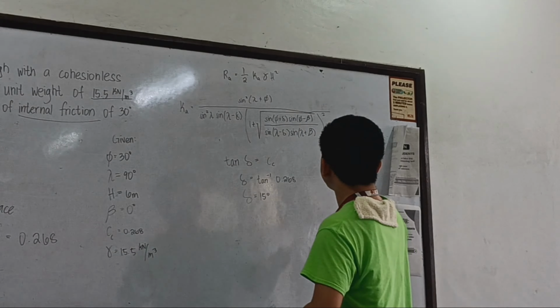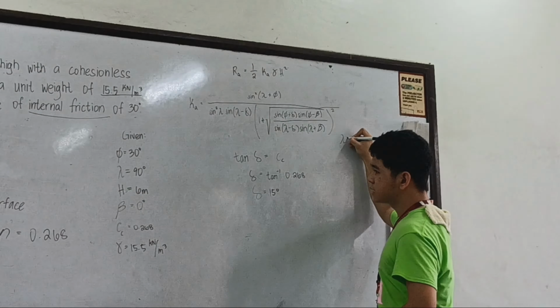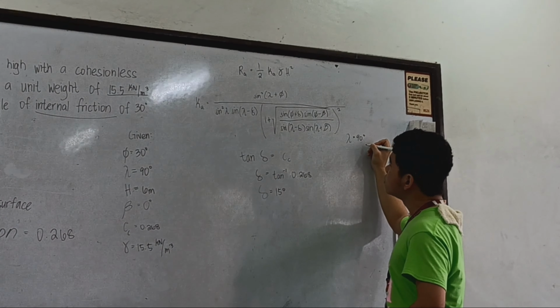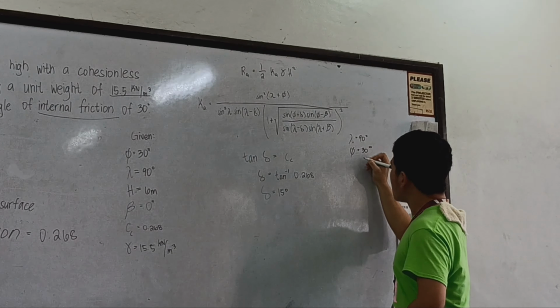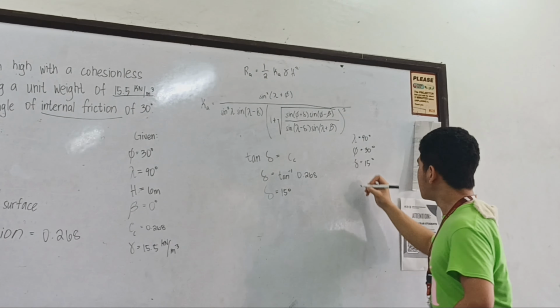So our lambda is equal to 90 degrees, our phi is equal to 30 degrees, our delta is equal to 15 degrees, and our beta is equal to 0 degrees.